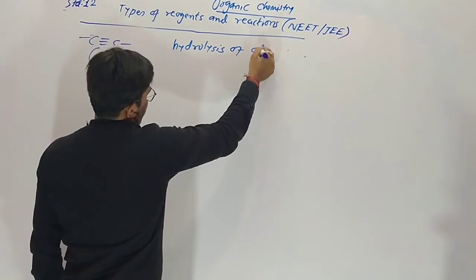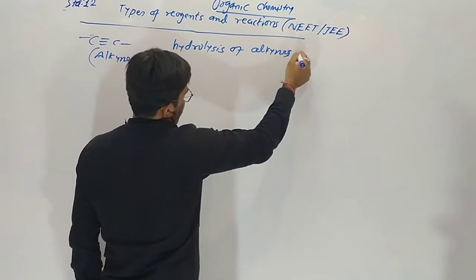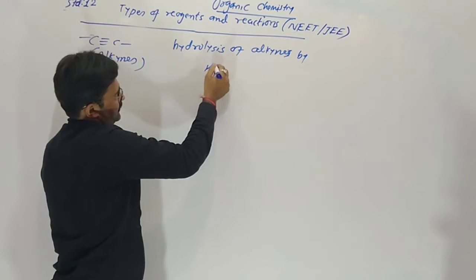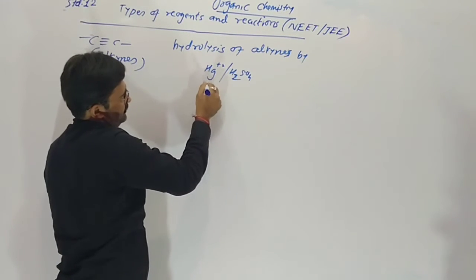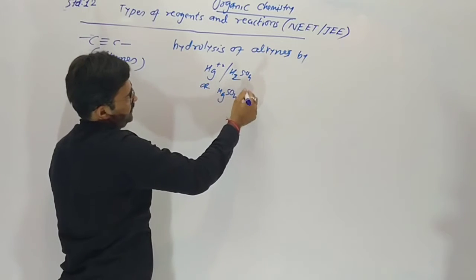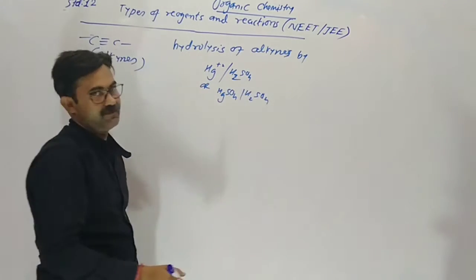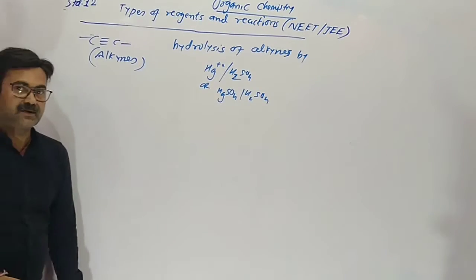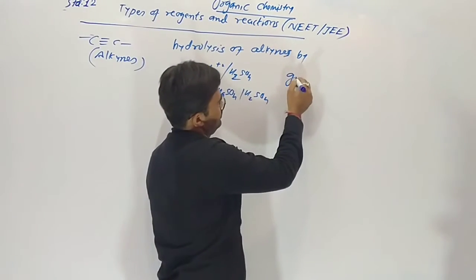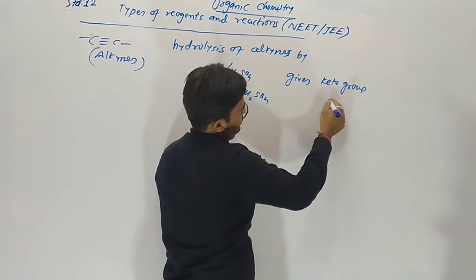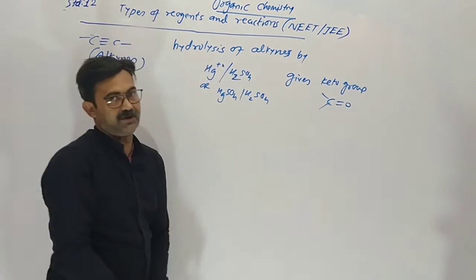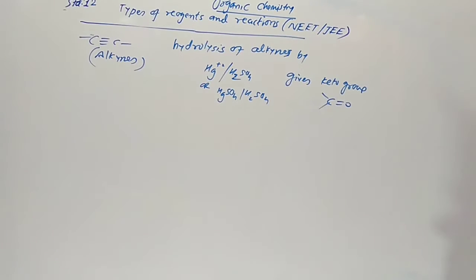Hydrolysis of alkynes by Hg2 plus and H2SO4, otherwise HgSO4, H2SO4, gives a keto group, meaning a carbonyl group occurs there. And here first attack of OH minus occurs.